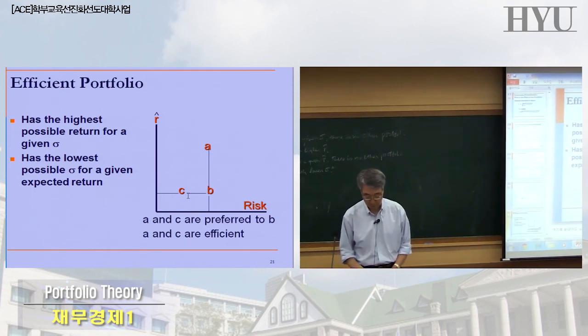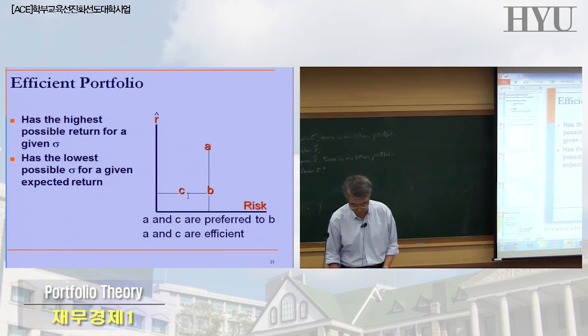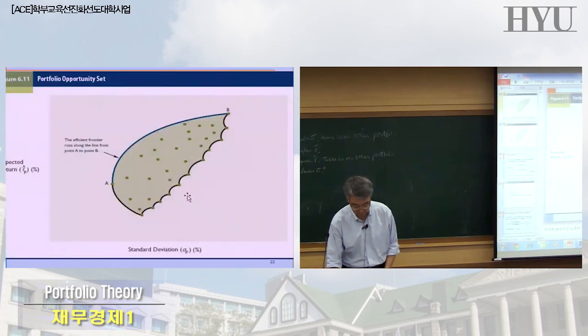In microeconomics, you probably had a similar concept when you learned about the utilities concept. More exactly, here's the typical graph that we use. Let's say we have all these dots. All these dots are portfolios.